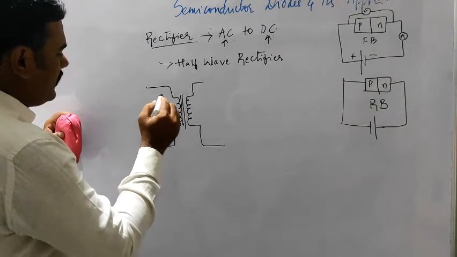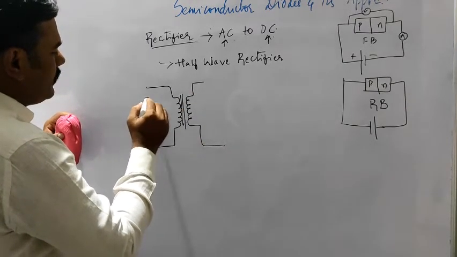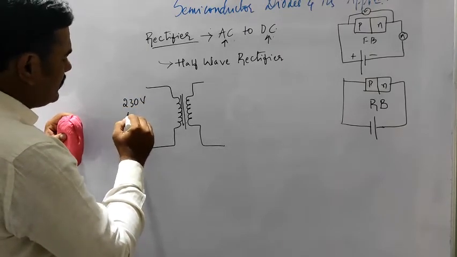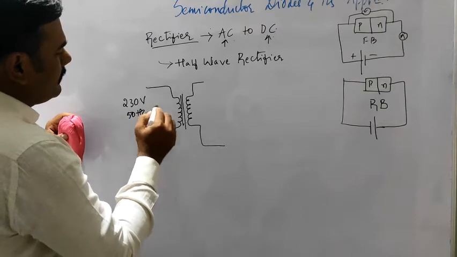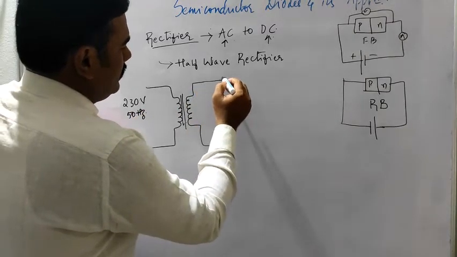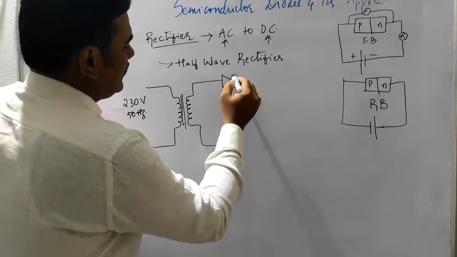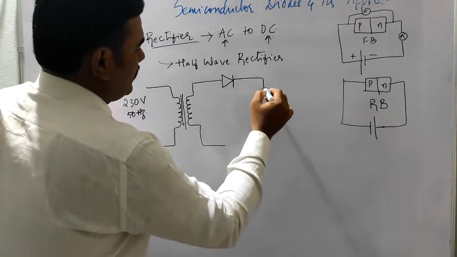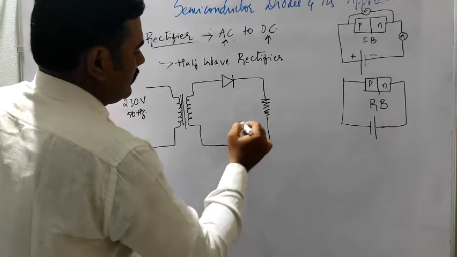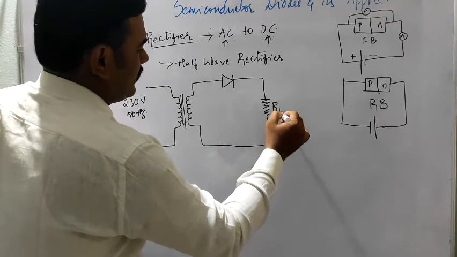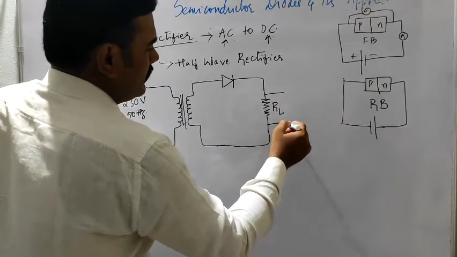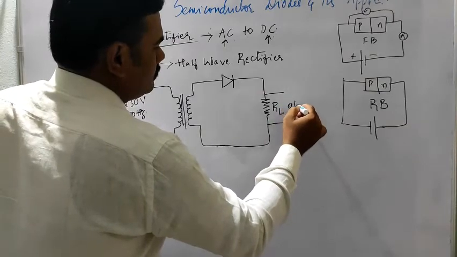This is the primary winding where we give the primary voltage, that is 230 volt, 50 hertz supply given to the primary winding, and here we use a single diode in case of half wave rectifier, which is again connected to RL, called the load resistor, and here is where we take the output.